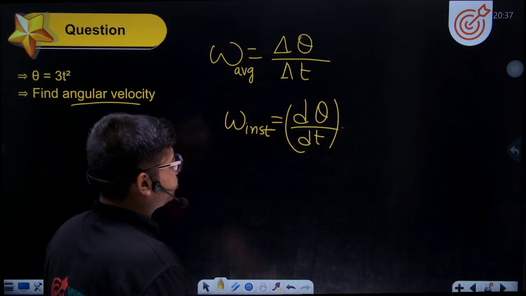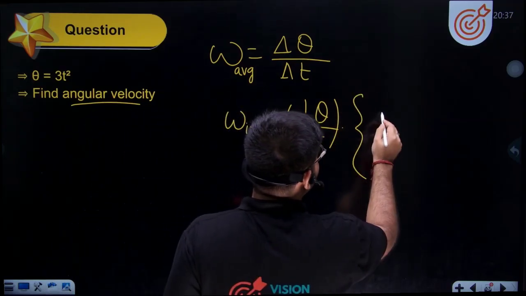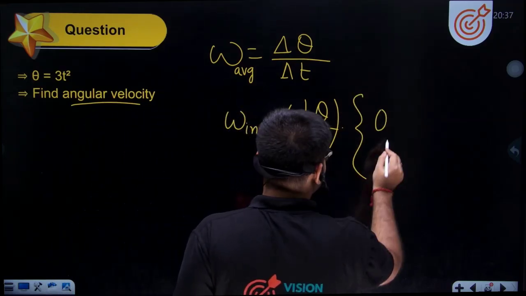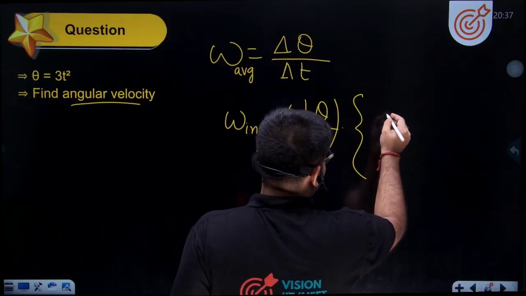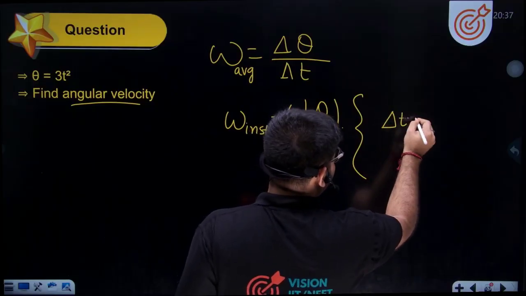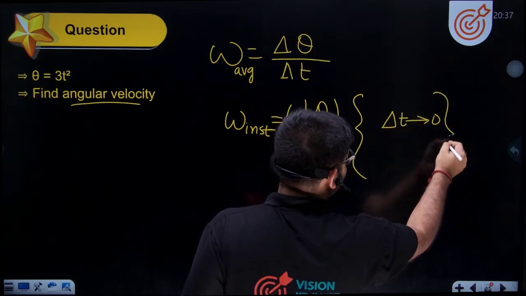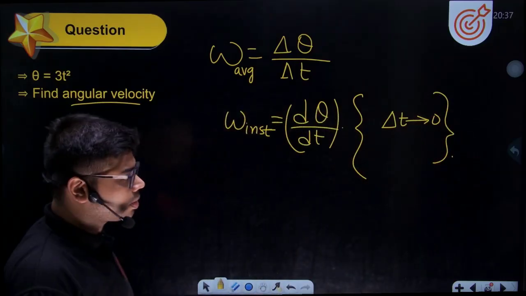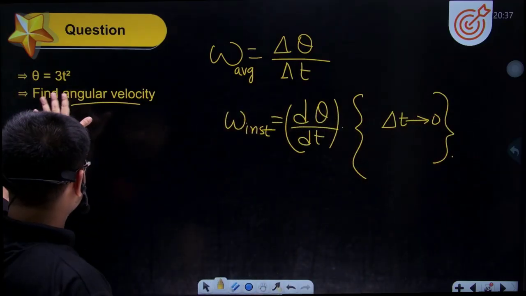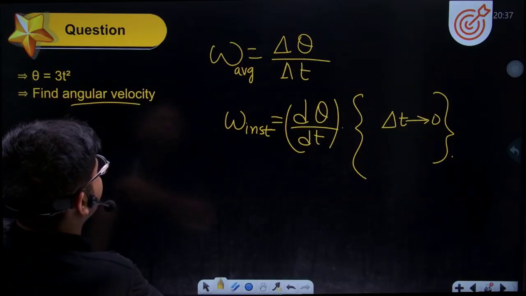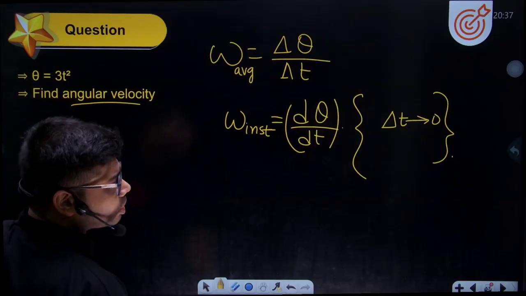That is when delta t tends towards 0. Okay, so here they are actually asking us to find out the instantaneous angular velocity only.